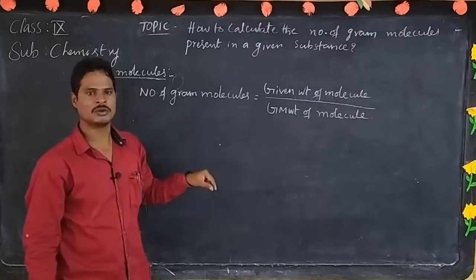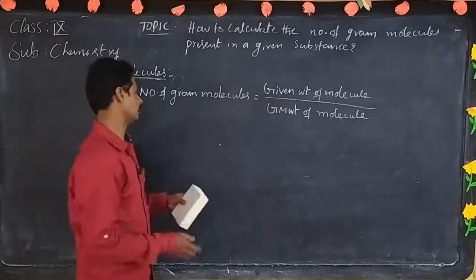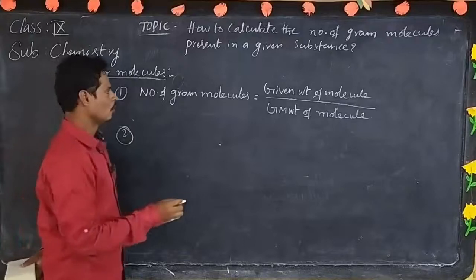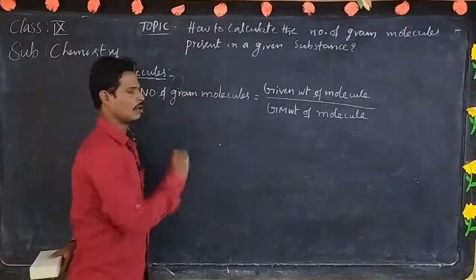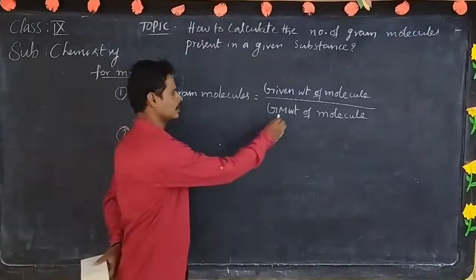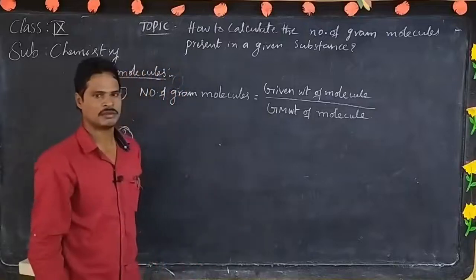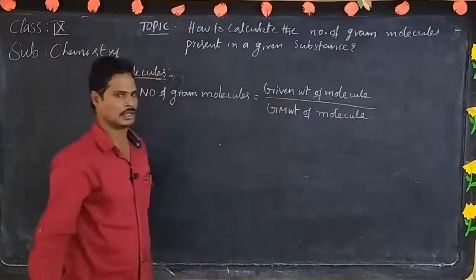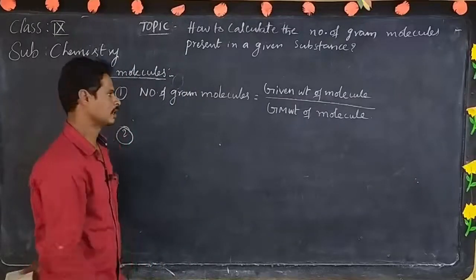Next, second formula, how you can modify this one. We know number of gram molecules as well as gram molecular weight of molecules, so you can calculate the given weight of molecule. The formula should be changed.